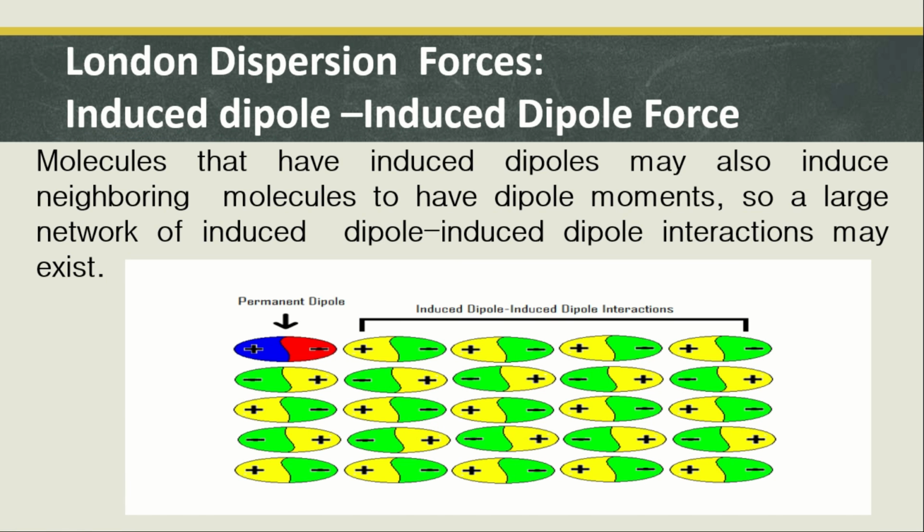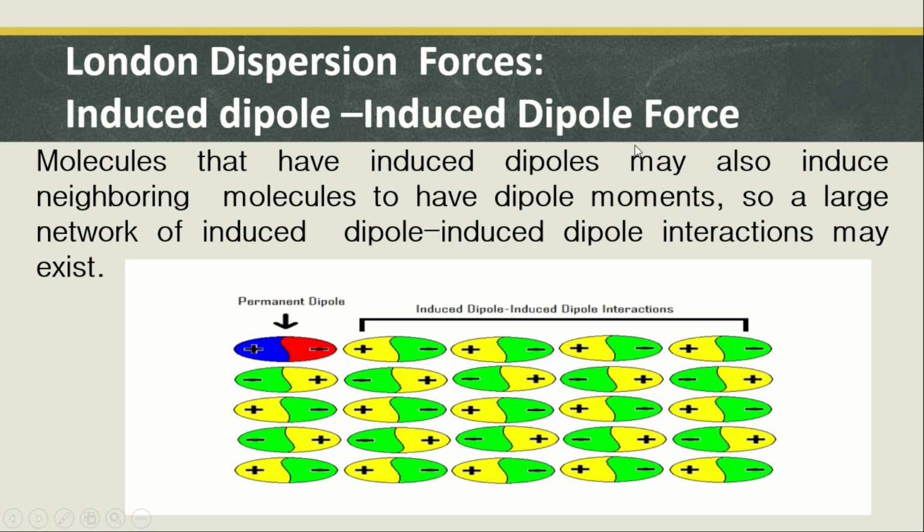So London dispersion forces has types. So first we have the induced dipole force. Molecules that have induced dipoles may also induce neighboring molecules to have dipole moments. So a large network of induced dipole interactions may exist. So it means there is a presence of induced dipole.